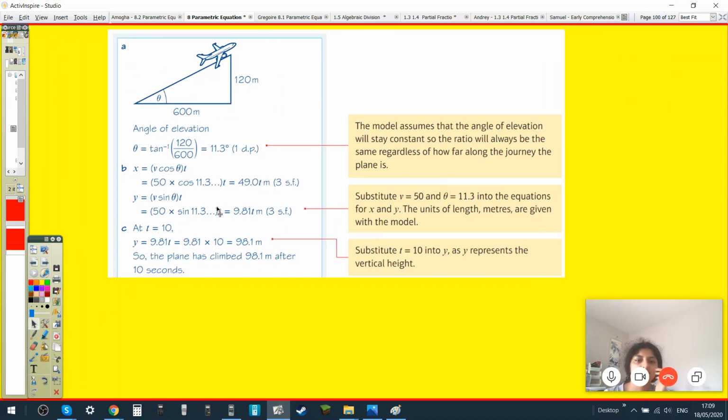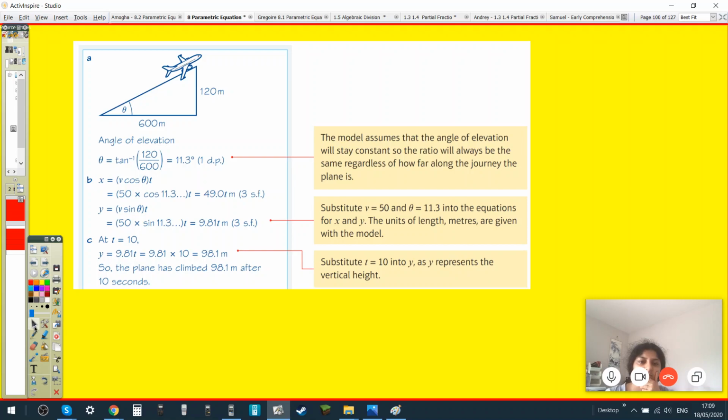Okay, let's see this one. So angle of elevation is 11.3 degrees. 50 cos 11.3 t. They boil that down to 49.0. Same thing for the sine t, it was 98.1.